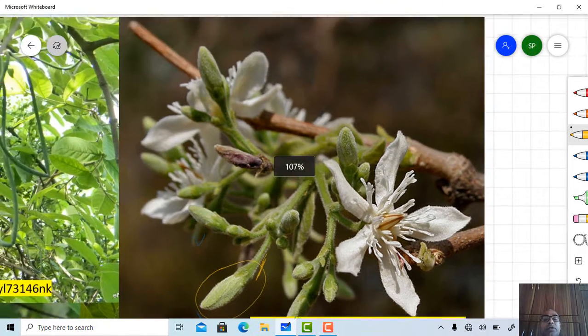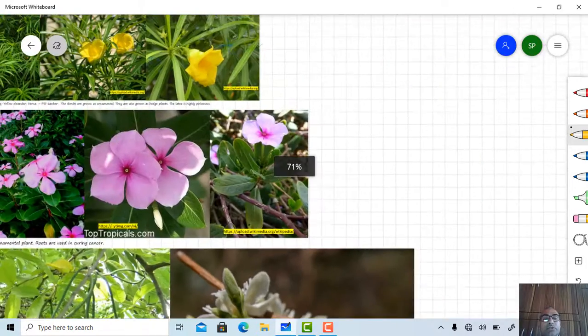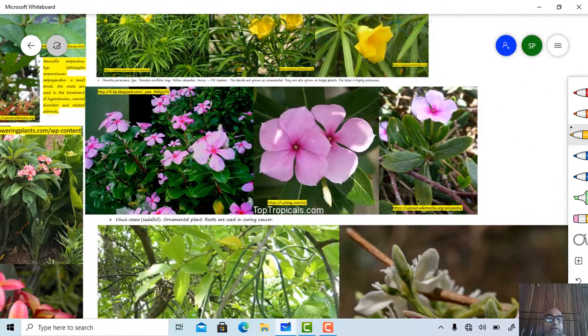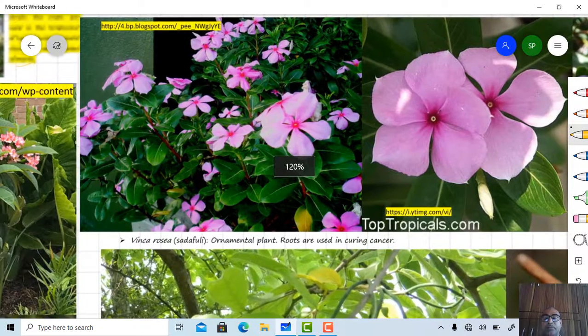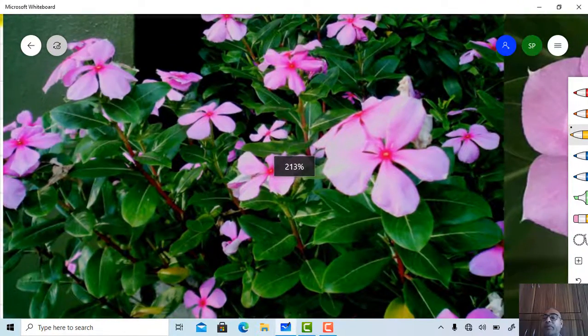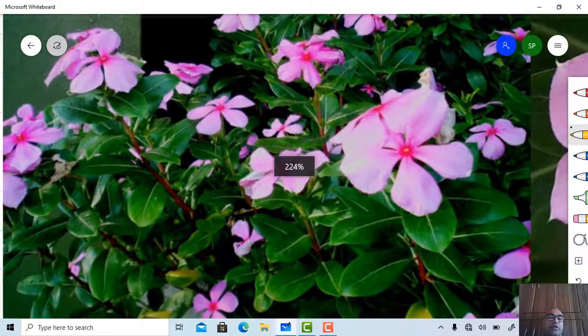Okay, then the next plant is Catharanthus roseus or Vinca rosea. Vinca rosea, Vinca alba are common plants, and very precious plants as they cure cancer. So the vernacular name is Sadafuli, an ornamental plant. Just see the habit of this plant.